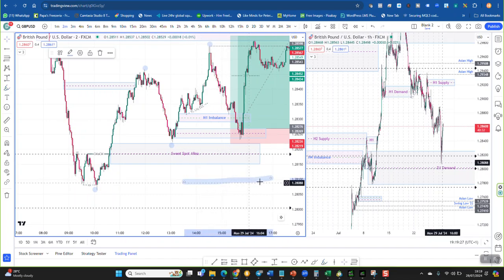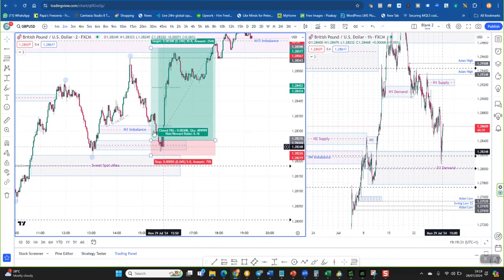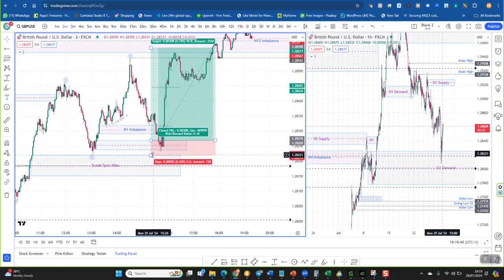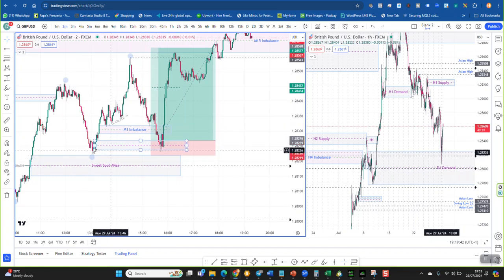And so when price then missed my entry, and took off and created a high, I started to watch, and I went for the extreme. Once price got to my extreme, boom.